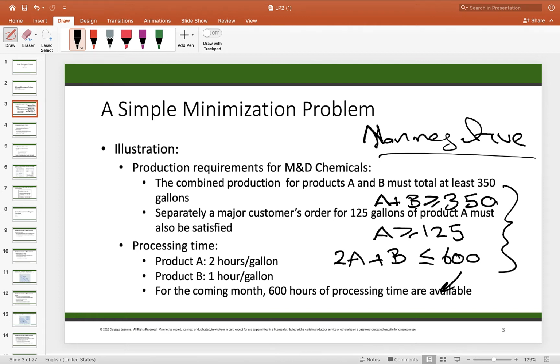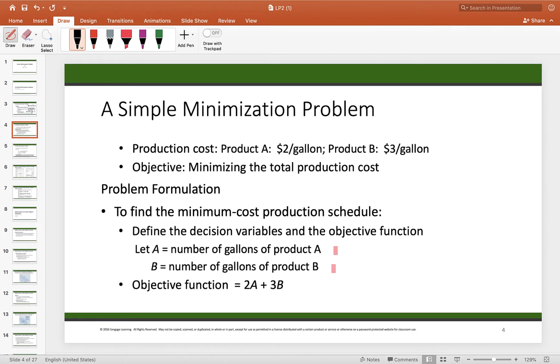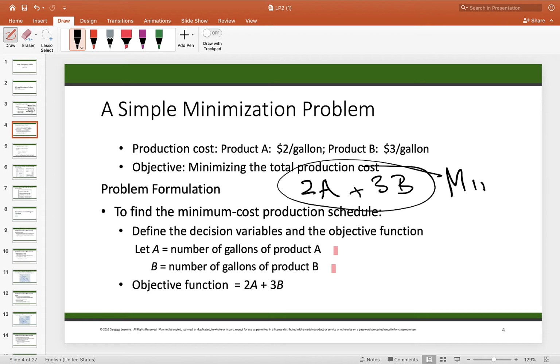On the following slide, we also saw that the objective function is our costs, and we were told that our production costs were $2 for a gallon of A. So our cost could be $2 for every gallon of A, and also $3 for every gallon of B. So this is our cost, and our objective is to minimize costs.